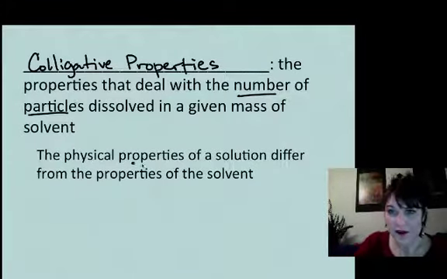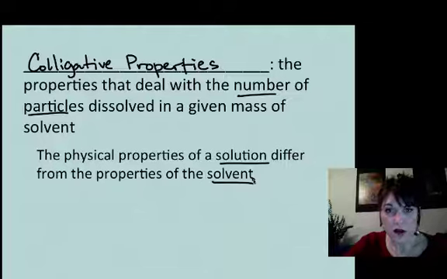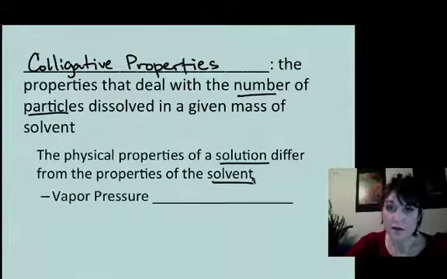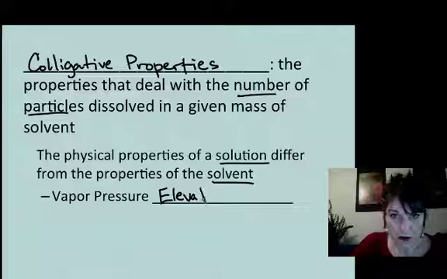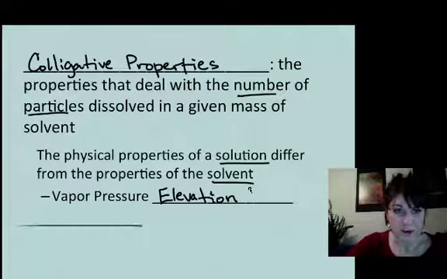Physical properties of a solution are different from the properties of the solvent. Normally, you would think water boils at 100 degrees, right? Well, not when you put stuff in it. So one thing that happens is that the vapor pressure becomes elevated. It goes up. So we call this vapor pressure elevation.